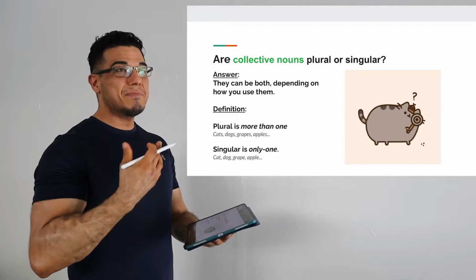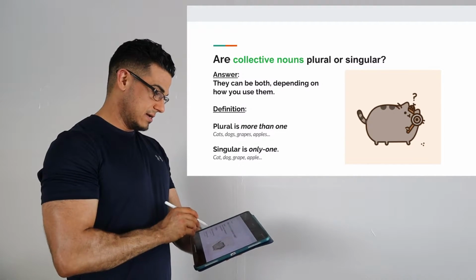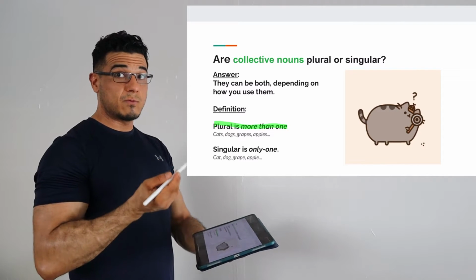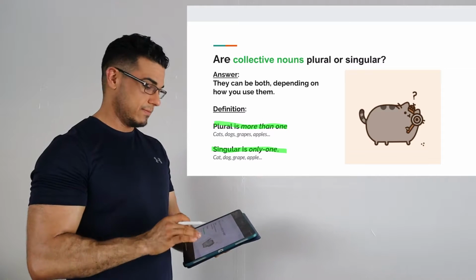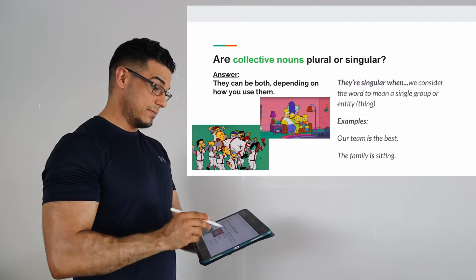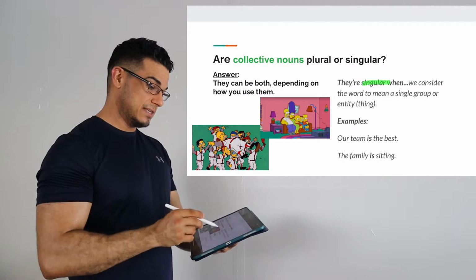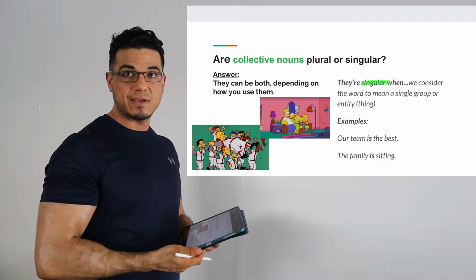Anyway, they can be both. Again, it just depends on the way you're using them. As a reminder, a plural is more than one thing, and a singular means only one. So, collective noun, plural or singular? Well, they can be singular when we consider the word to mean a single group or entity, which is another way of saying a thing.